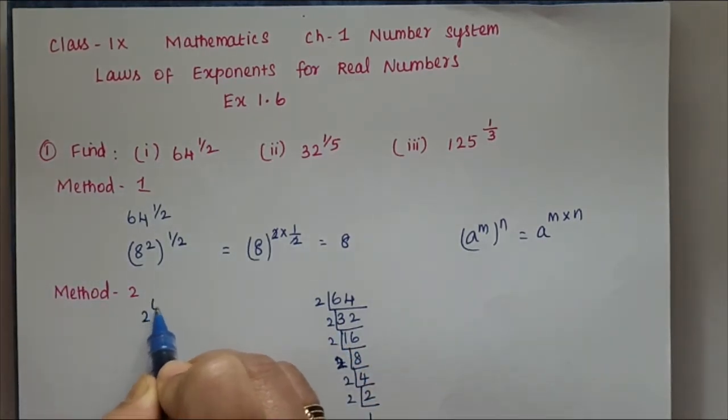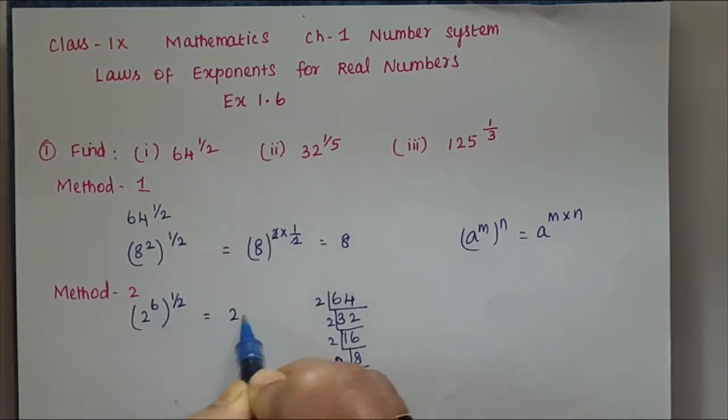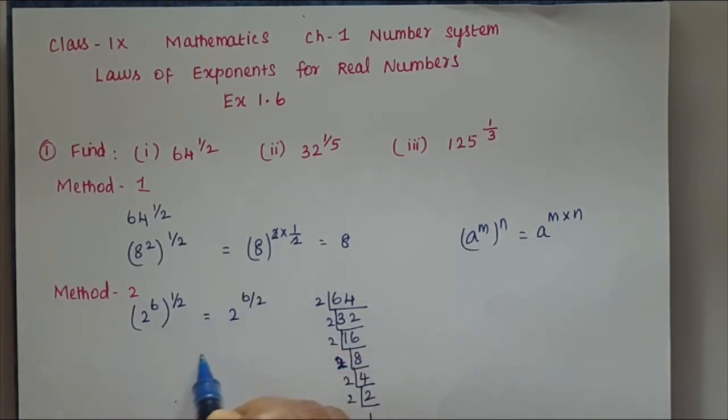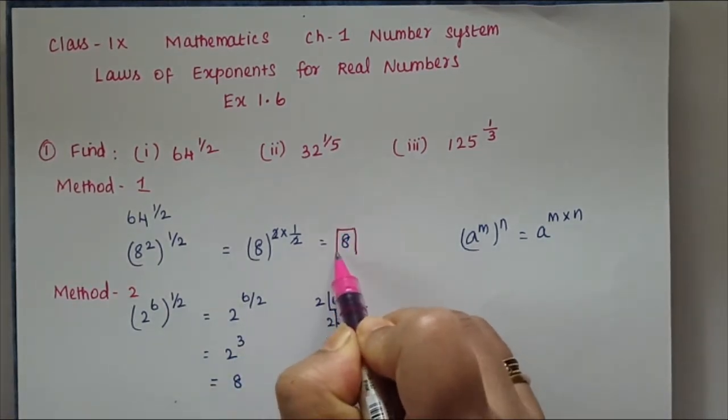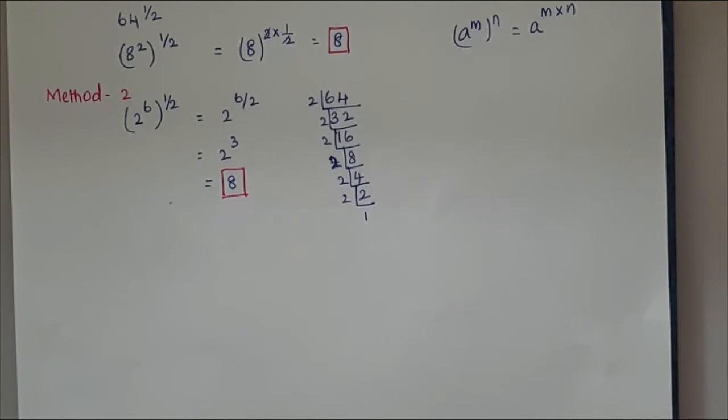So 2 to the power of 6 the whole power 1 by 2, which is equal to 2 to the power of 6 by 2. So we get 2 cube, which is equal to 8. In both the methods you get the same answer. Clear? Yes.